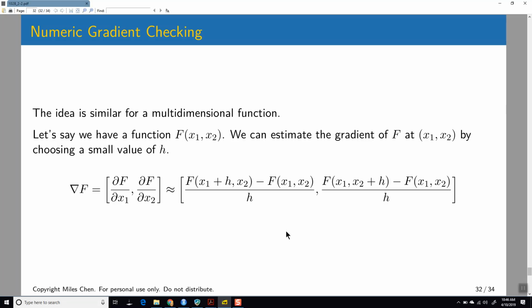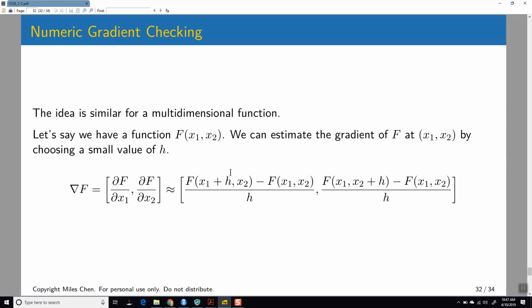The gradient works in the same way, except now you have multiple components. Here I've got the function f, which we'll just say is a function of x1 and x2. The gradient consists of the partial of f with respect to x1 and the partial of f with respect to x2.